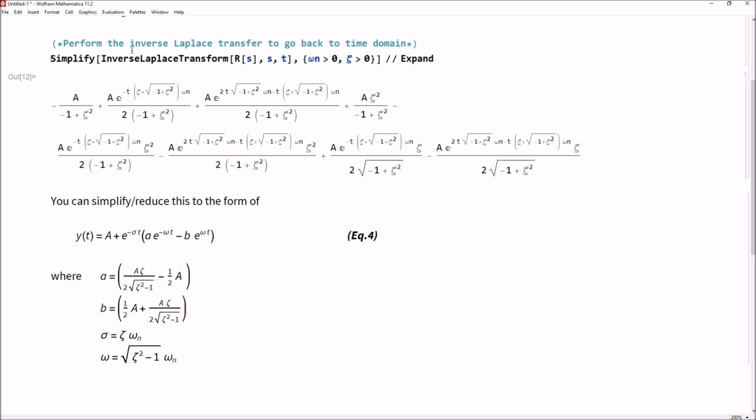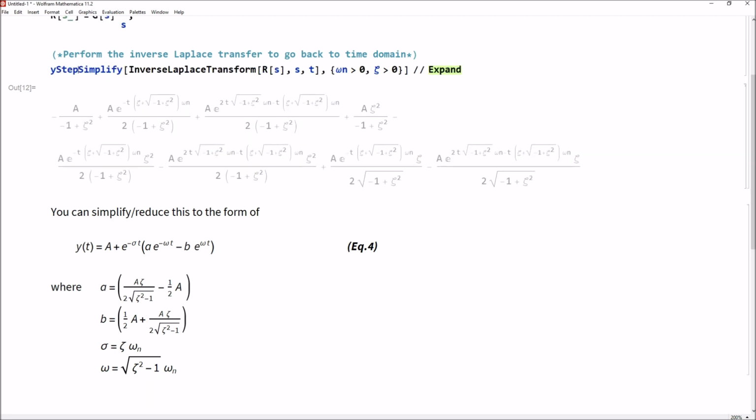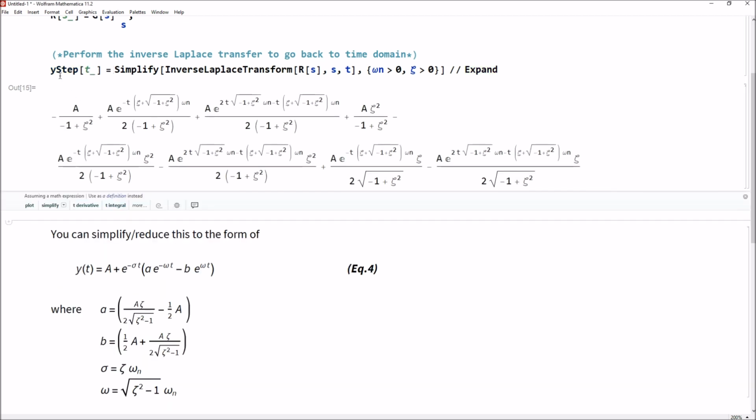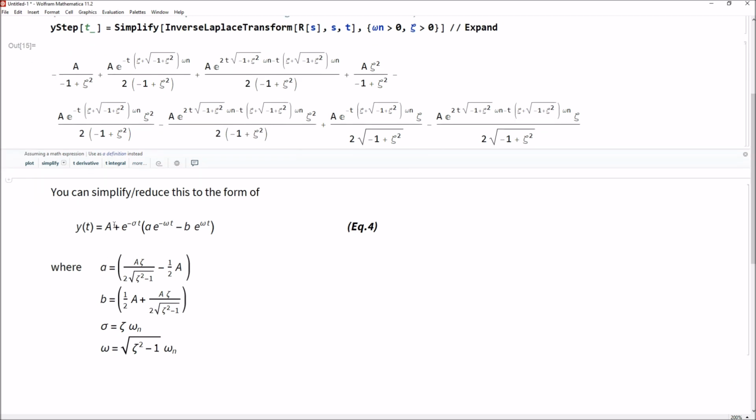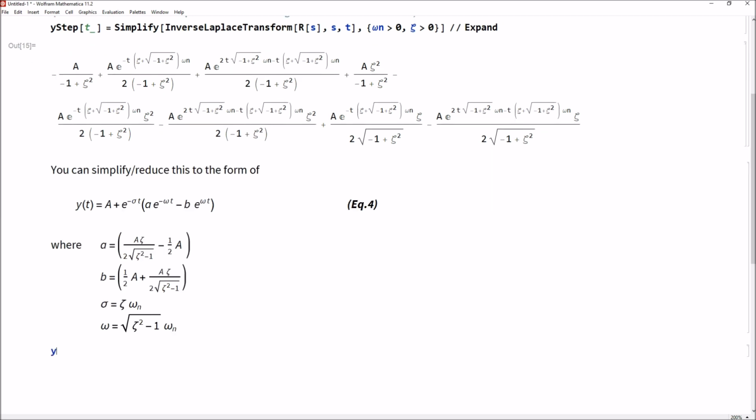So maybe let's come back up here, and we'll call this y step of t, because this is the actual output in response to a step of magnitude a, okay? And now we claim it can look like this. So let's make another thing, maybe y step check. And we said that this is supposed to be a plus e to the minus sigma t times the quantity a e to the minus omega t, minus b e to the positive omega t, and parentheses.